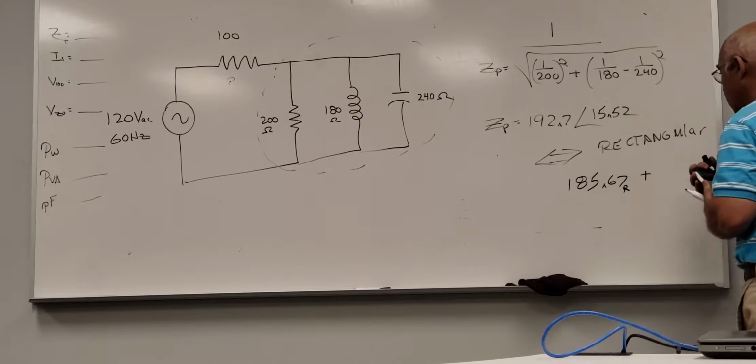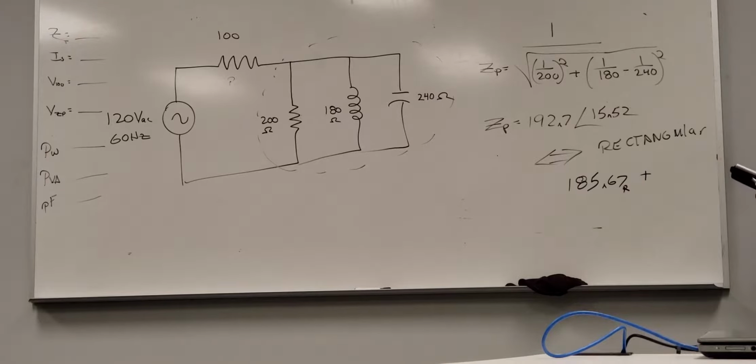Plus the rectangular component, I'll do the same thing, hit second function angle. Tab over to RP, and I'm gonna hit 4, because I wanna go find the Y component. Alright, punch in 192.7. Now hit second function period, get the comma, 15.52 again.